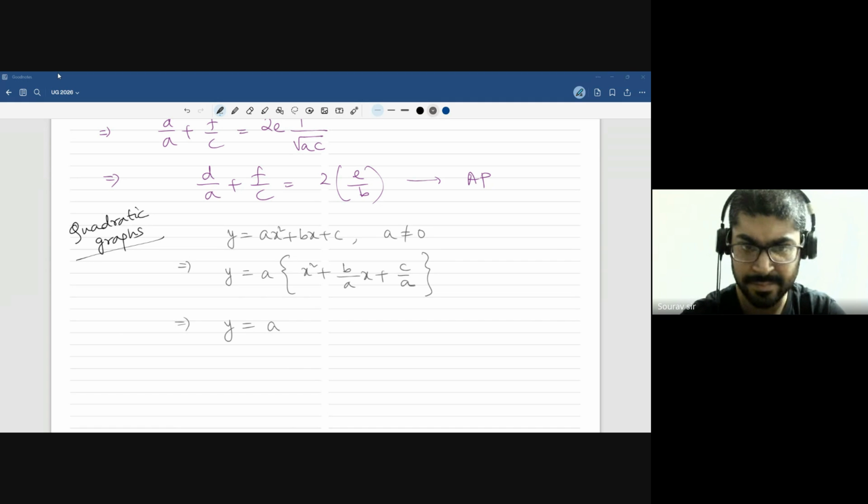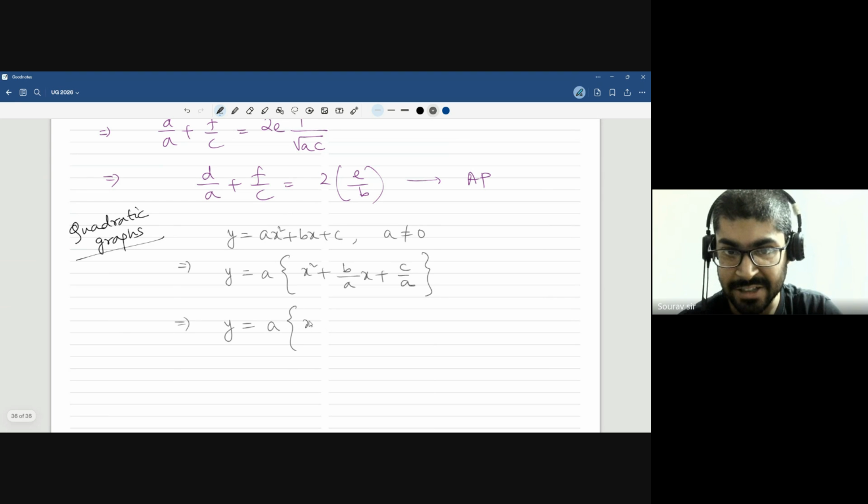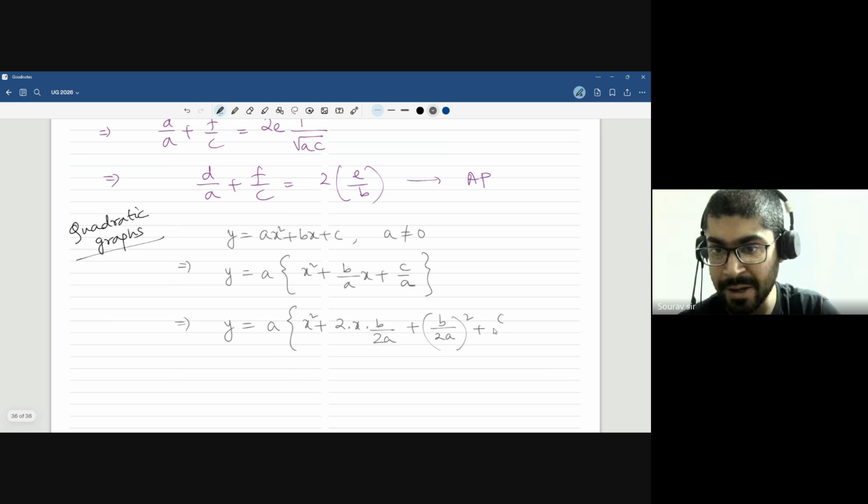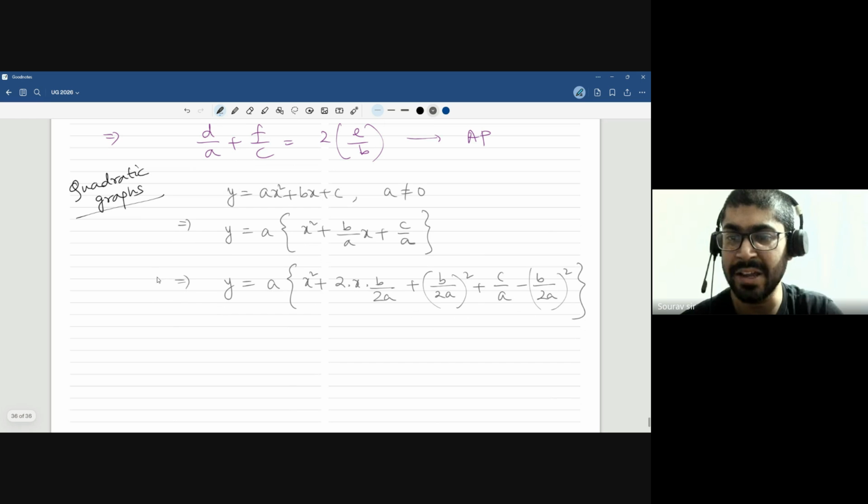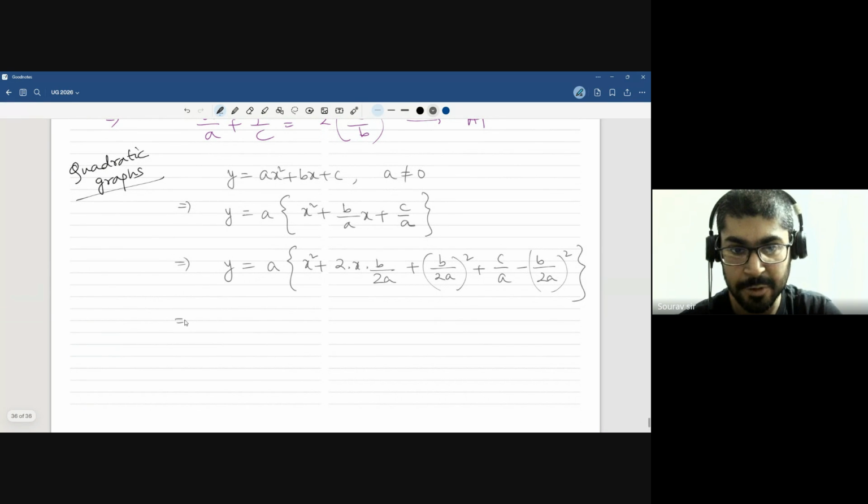That's disappointing. So you can write this as x square plus 2 into x into b by 2a plus b by 2a whole square plus c by a minus b by 2a whole square, right? I can add and subtract b by 2a whole square to complete the squares.